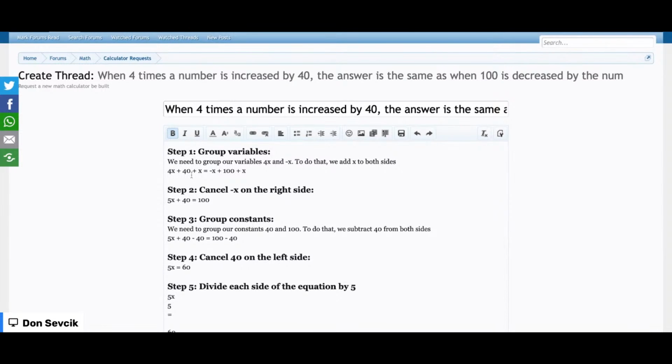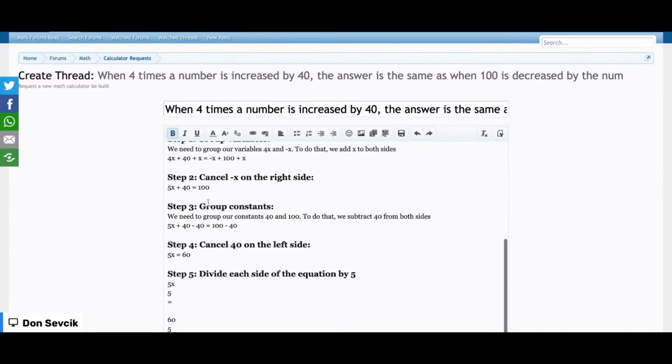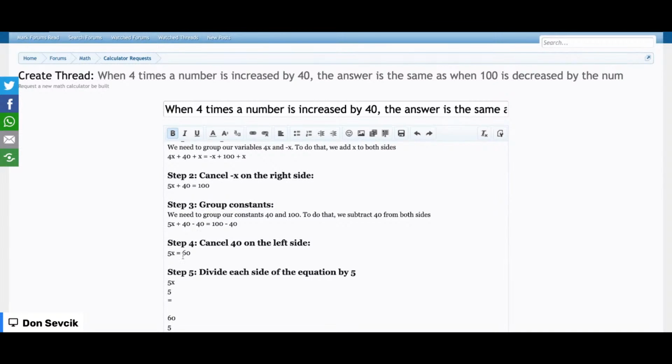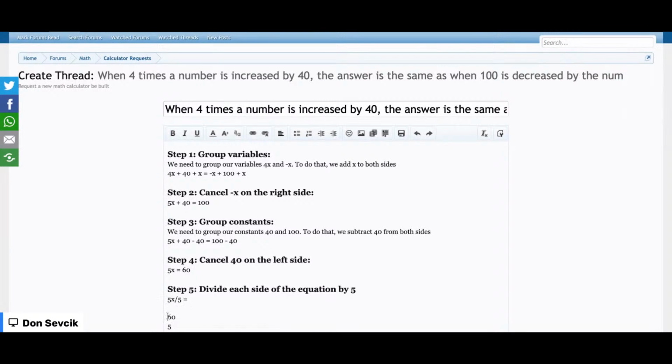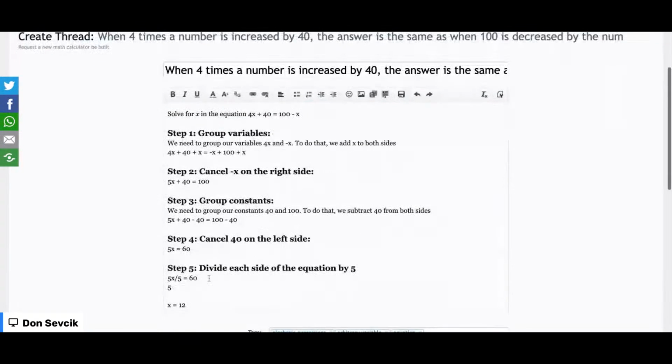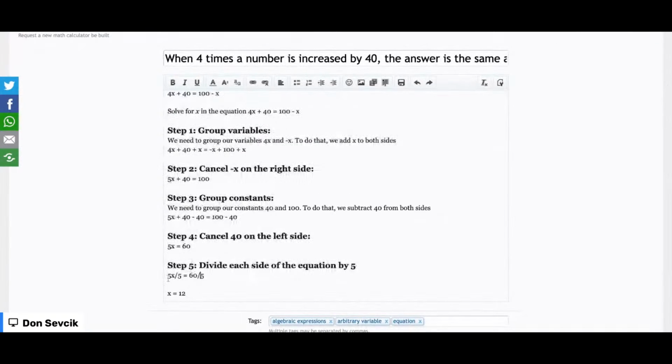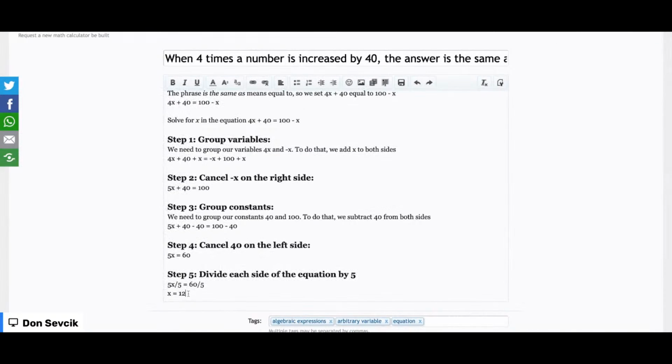As you can see, first thing we're doing is grouping the variable terms. We're grouping the constants. And once we do that, now we've got the x term isolated, which is great. We're almost there. Now we want to divide by the coefficient, which in this case is 5, to isolate x. When we do that, we get x equal to 12.